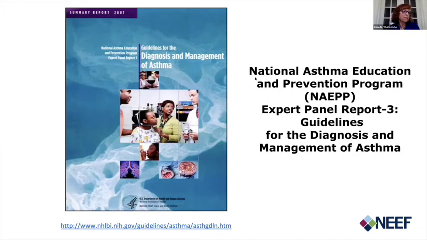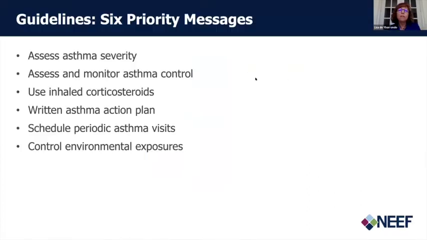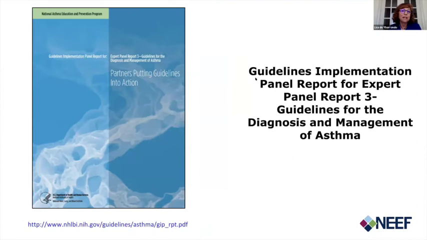It was a consensus of the evidence-based recommendations for treatment of patients of all ages with asthma in both the primary care setting and also in the emergency department. However, because this report was so extensive, a lot of primary care providers were not following the guidelines.